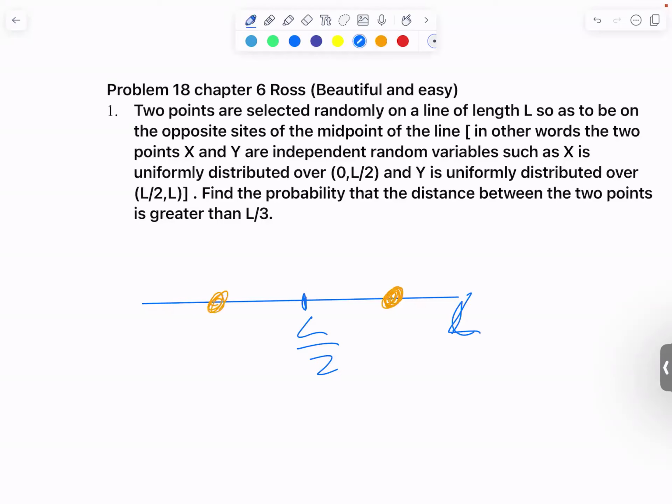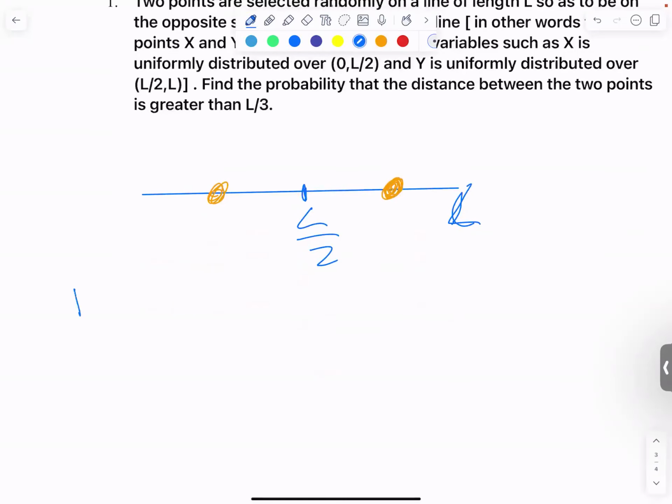And the problem asks, what is the probability that the distance between the right and the left, this is x and this is y, is greater than the length of the segment divided by 3.